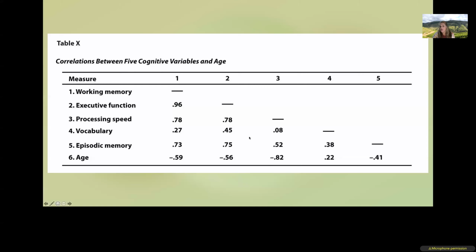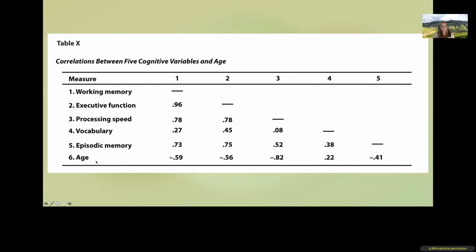Now, if I asked you to find the strongest negative correlation, things that go in the opposite direction, I'm looking for the number closest to negative 1.0. Of course, that number is negative 0.82.